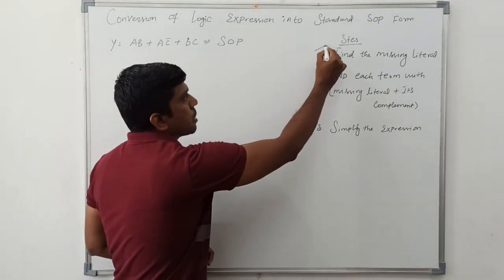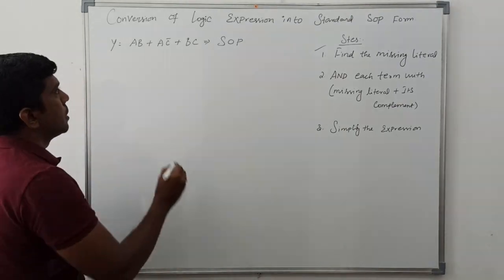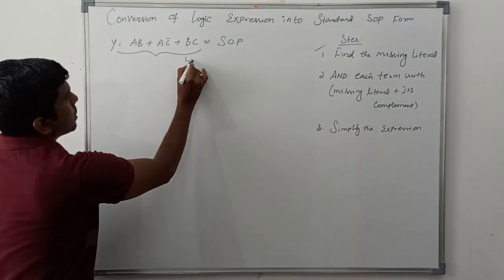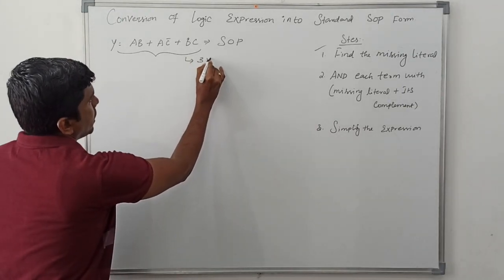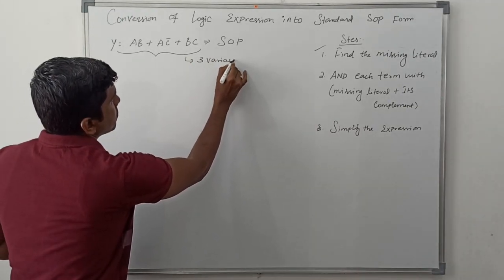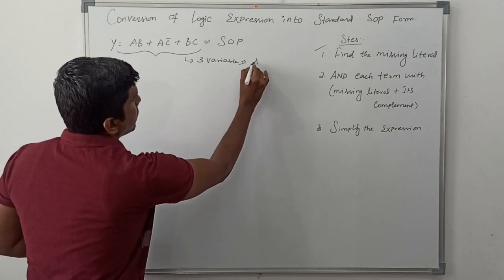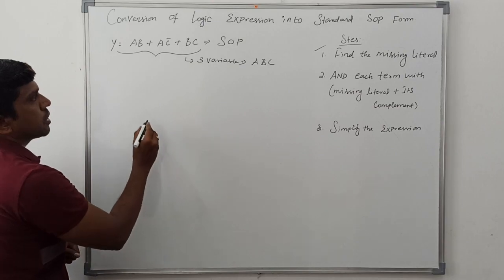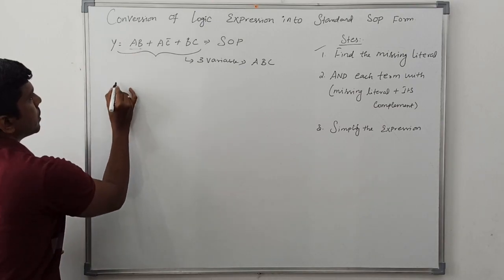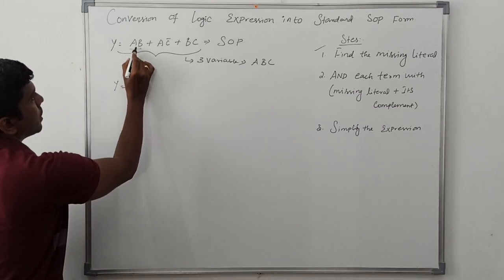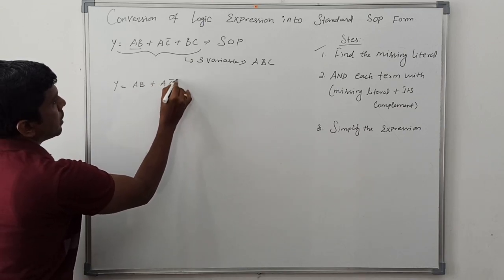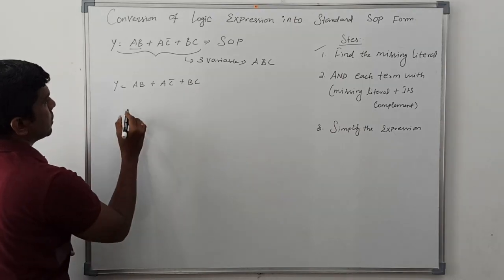The first step is to find the missing literal. This Boolean expression comes under three variables, so the literals are A, B, C. First find the missing literal in each term. So y equal to AB, AC bar plus BC.